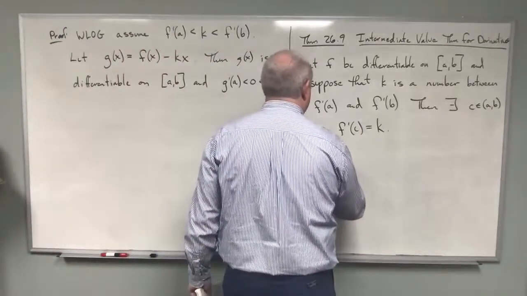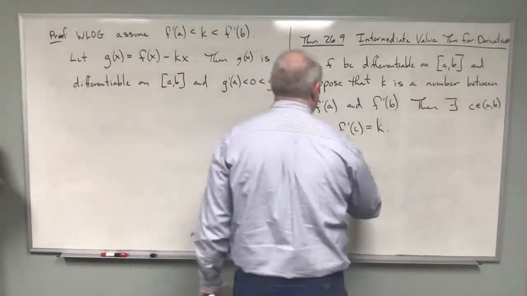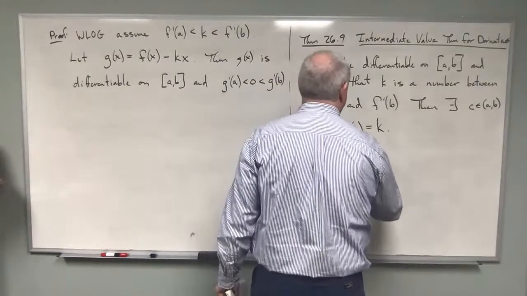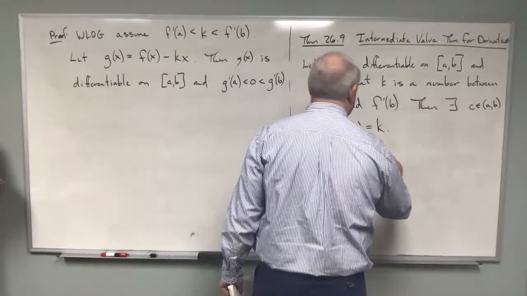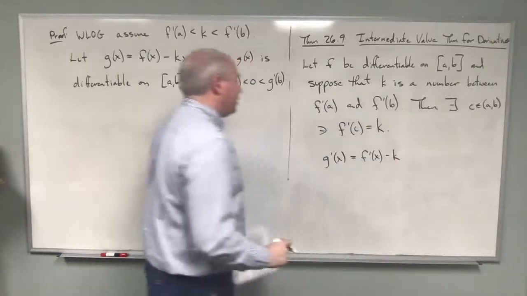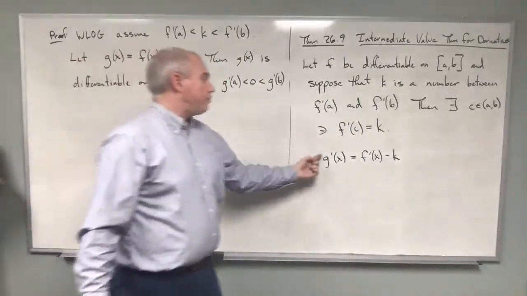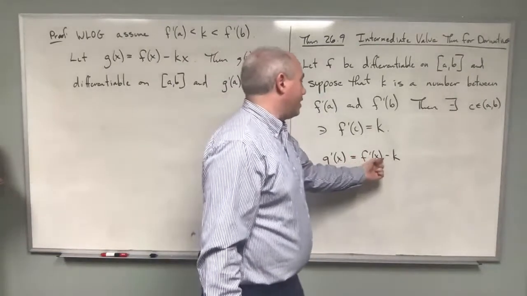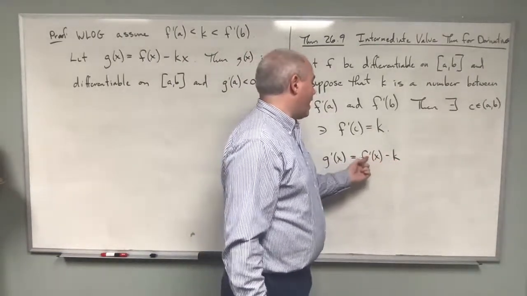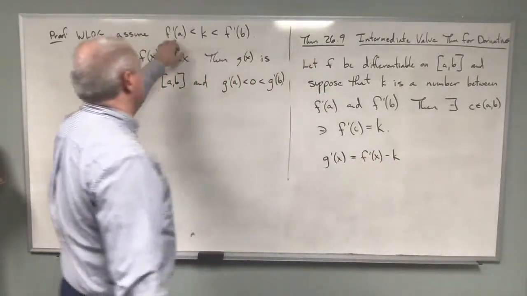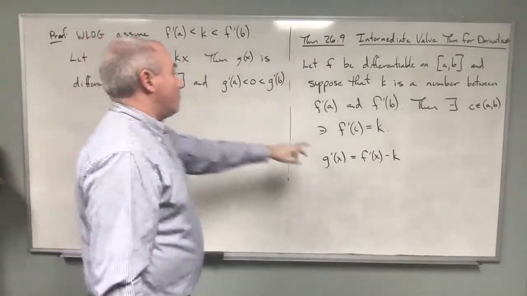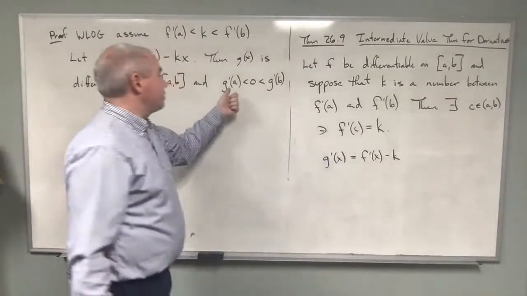G prime of x is equal to f prime of x minus K. So let's think for a second about g prime of A. G prime of A is f prime of A minus K. Well, f prime of A I know is less than K. Minus K is negative. So this guy's negative.